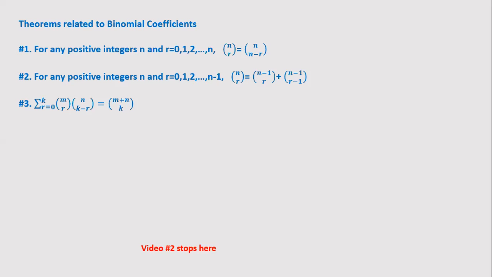Like I mentioned during the previous video, if you are only taking introductory statistics, you might be able to skip this video, because it just shows you how to prove those equations. But if you are in a higher class, specifically the mathematical statistics class, you might want to go over this video.